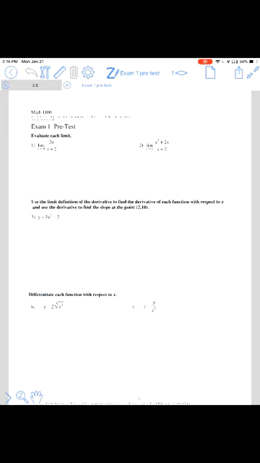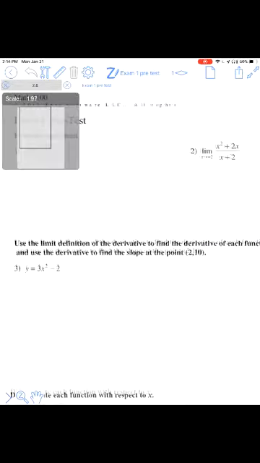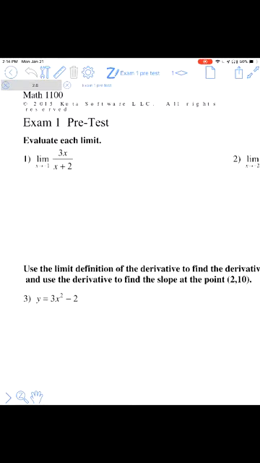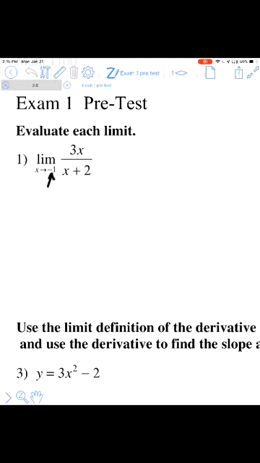So, questions 1 and 2, finding limits. Most of the time, when evaluating a limit, it's as easy as plugging in this value in for all of the x's.